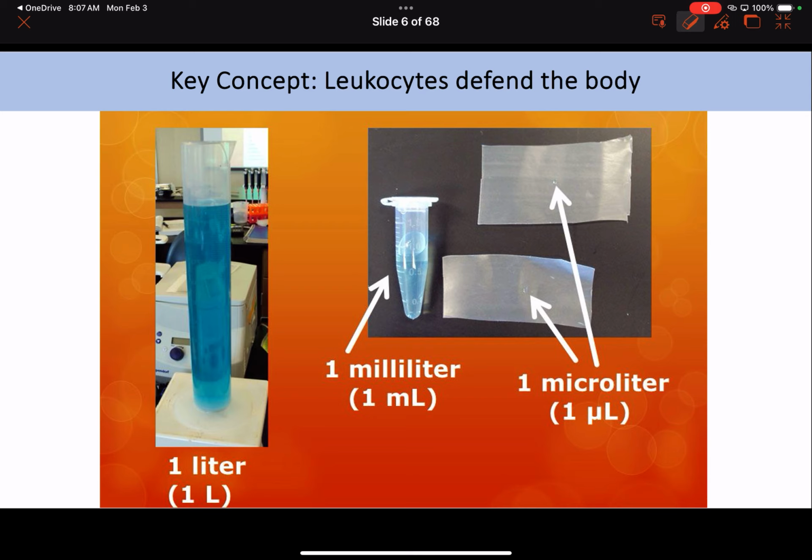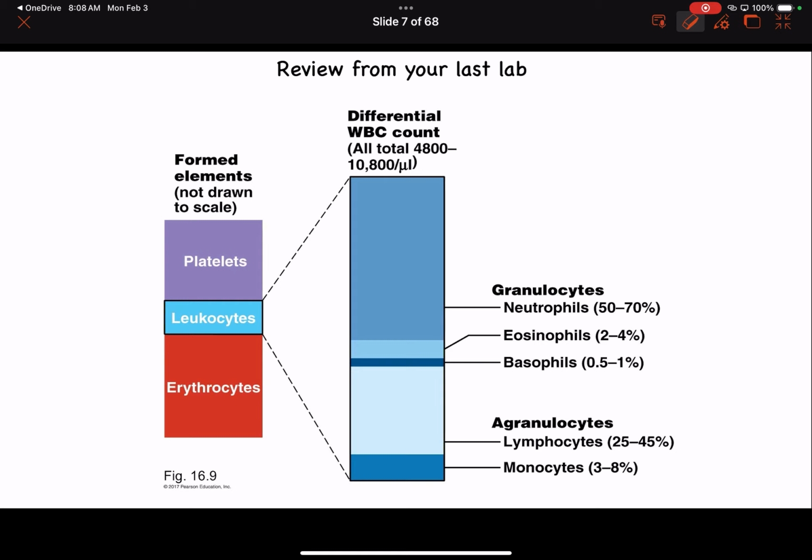All right, so when we talk about blood, like for erythrocytes, it's 5 to 6 million red blood cells per microliter, depending on male or female, female being 5 million, males being 6 million. Just to give you a visual of what a microliter is, here's obviously a big liter of fluid in the back.